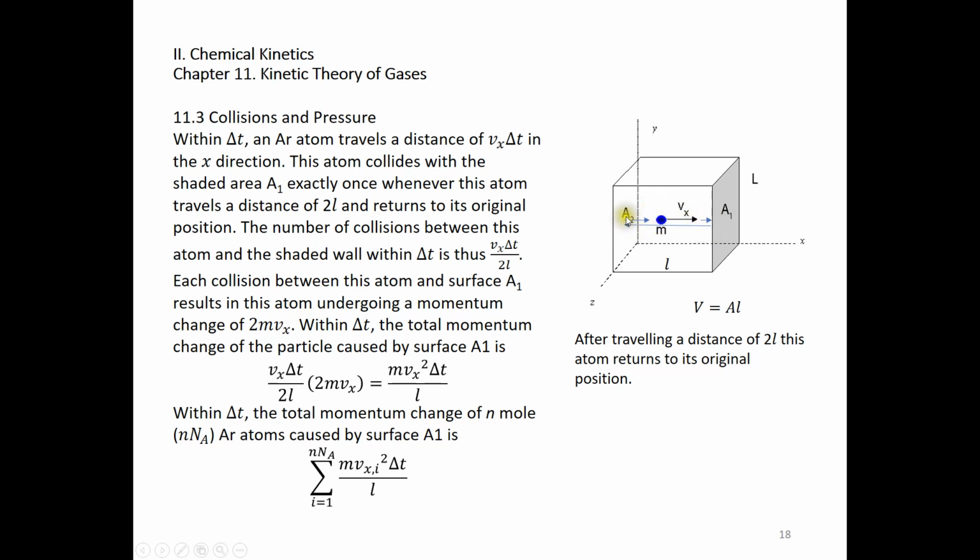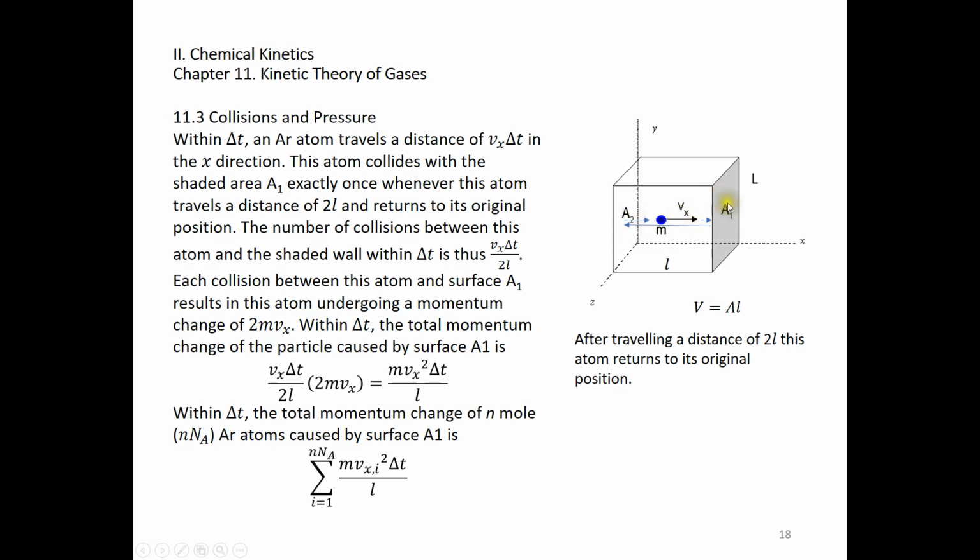Overall, this is L and this is L. Therefore, this particle will need to travel a distance of 2L to return to its original position. I'm going to call this travel of 2L just one collision cycle, because during this one collision cycle, this particle collides with A1 once, it collides with A2 once.